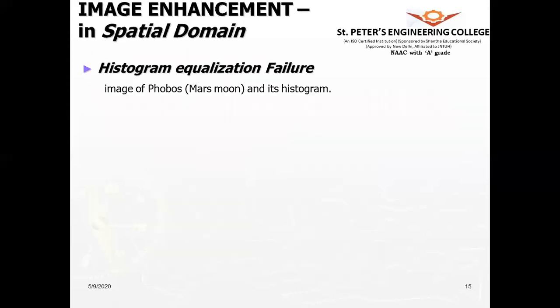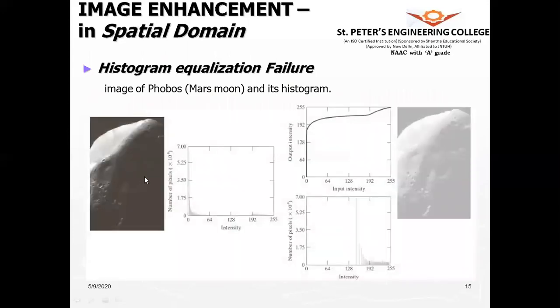Next, this is another example, Phobos, the moon of Mars. When we perform the histogram equalization, we see that it is worse than the actual image. This is the actual image, the histogram of this, and this is the transformation function, and this is the histogram of the equalized image.